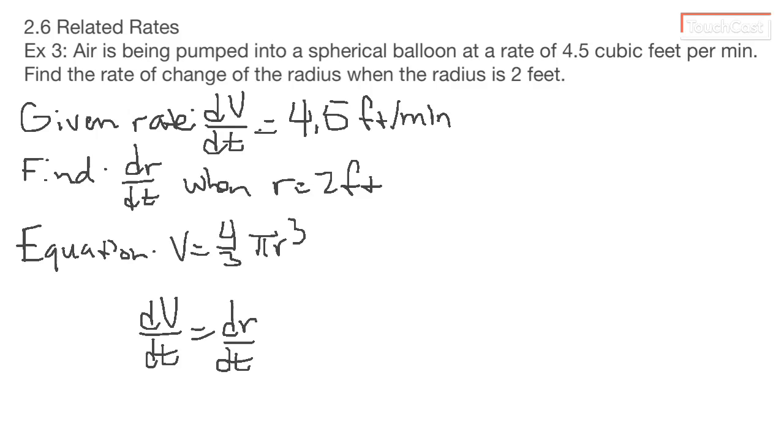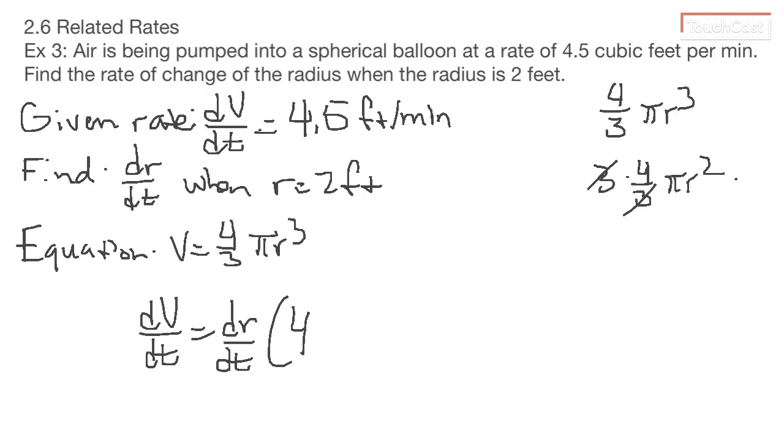We bring the 3 down: 3 times 4/3 pi r squared, and these 3's cancel out. We're left with 4 pi r squared.